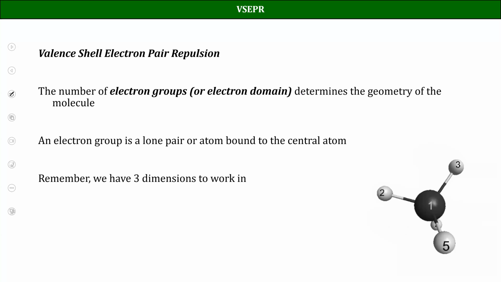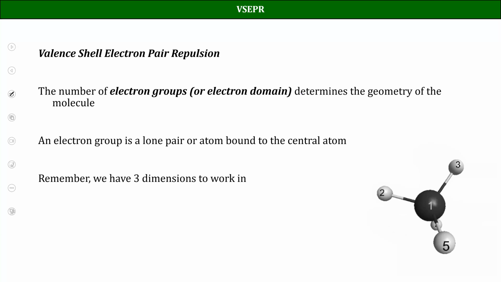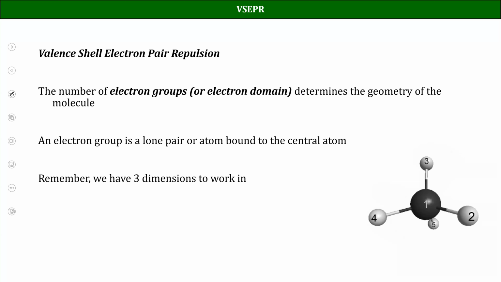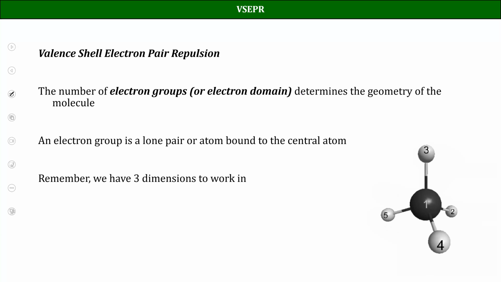Right, so this idea, and then we'll take our break, is called valence shell electron pair repulsion, which is a mouthful, but it describes what's happening. The valence shell electrons are in pairs and they push away other pairs.